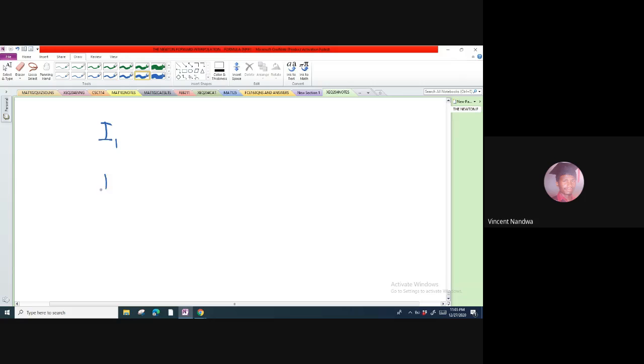Now, therefore, we have I1, I2, I3. So between I1 and I2, we call it I4. Between here, we call it I5. And here we call it I6. And then we use the same formula. To get I4 will be a third into 4 I2 minus I1.